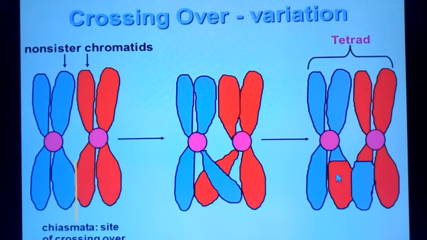They have some new variation or some new traits. For example, this one entirely, as we started, was blue. Then it has taken up some genetic material from the chromatid of a different pair. And therefore, at the end of it, it has led to variation.